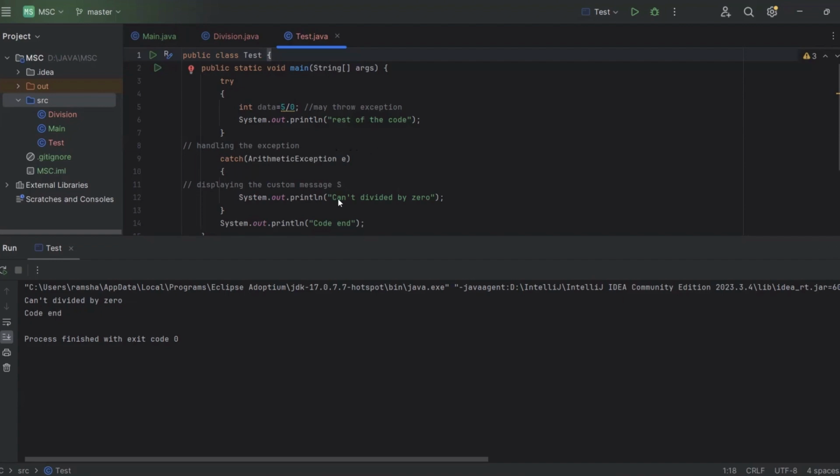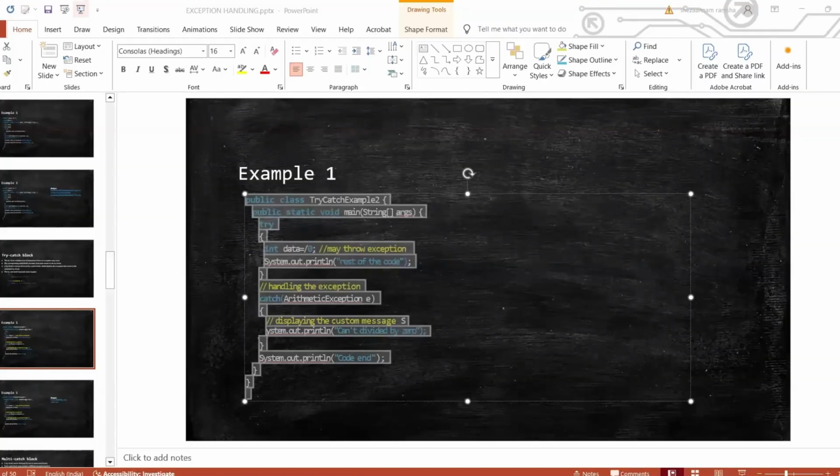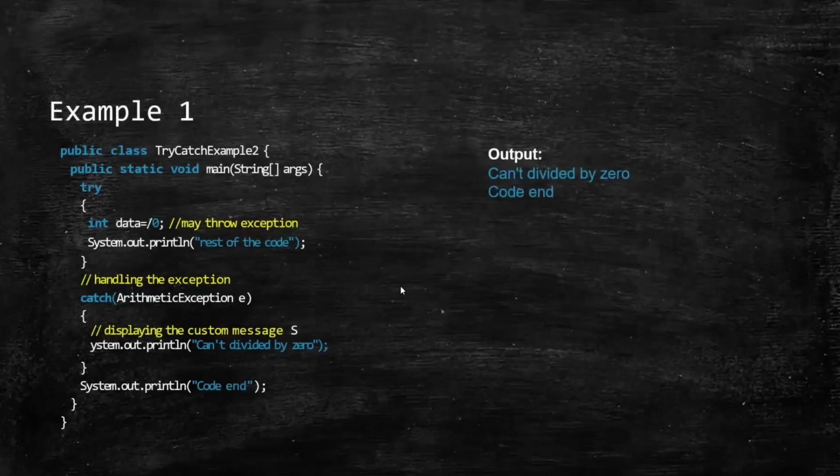You just got the description given in your catch block: can't divide by 0. Surprisingly, you also got the statement code ends, which comes after the exception. So even though an exception occurred, the rest of the statements were continued. This is the benefit of handling the exception.